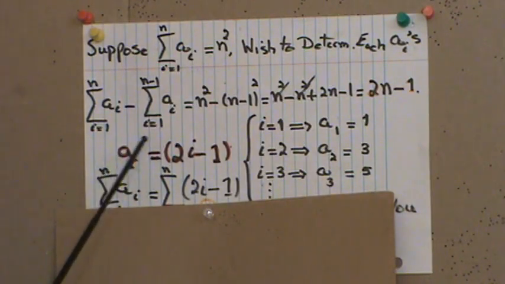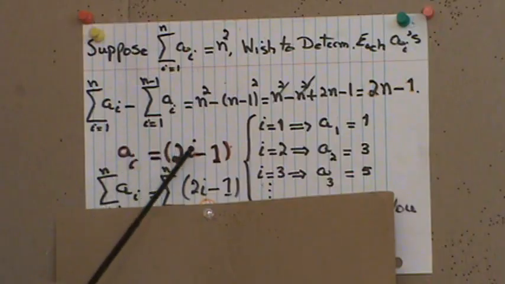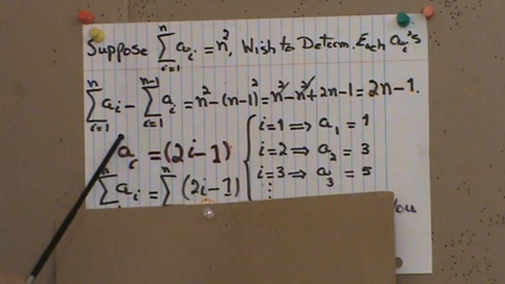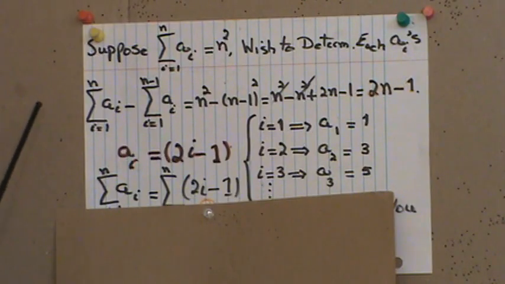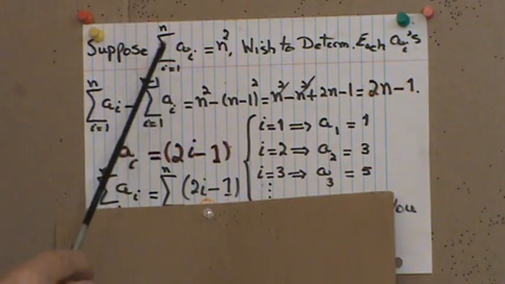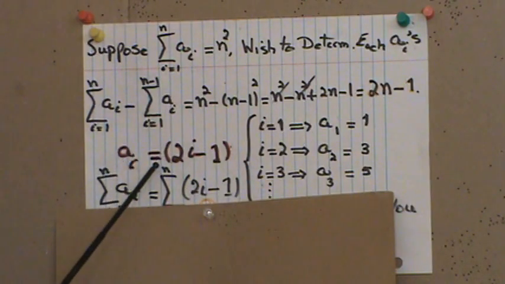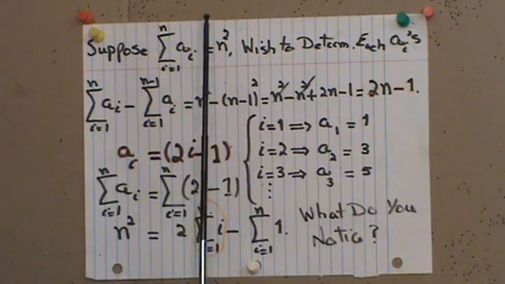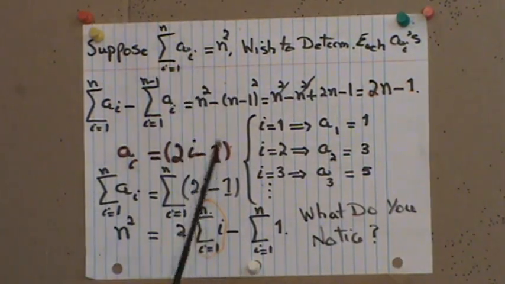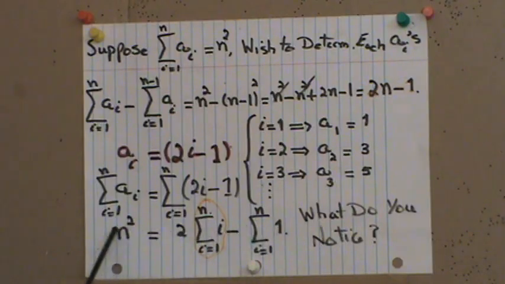Then I sum both sides. If two things are equal, and we add all the terms on the left and all the terms on the right, the equality will be preserved. Is that right? That's exactly what we did, and we end up with this one. Do you follow me?